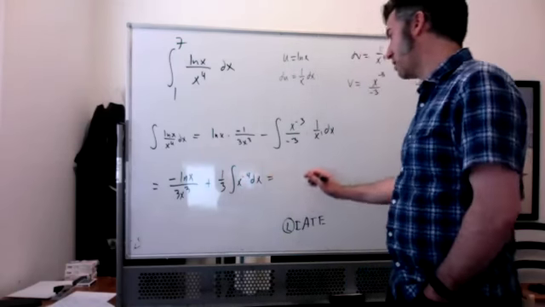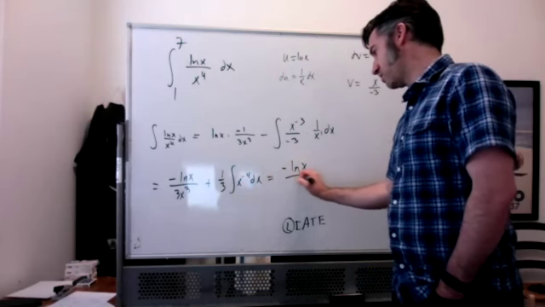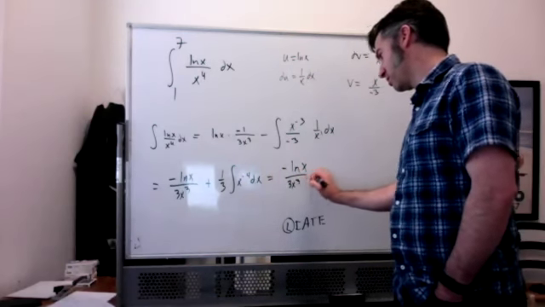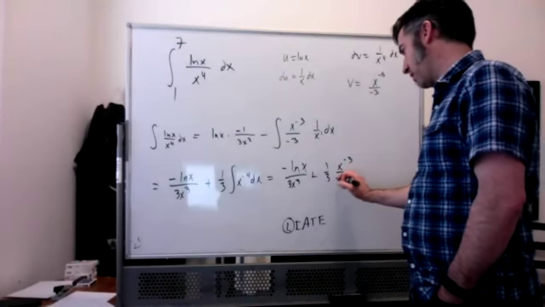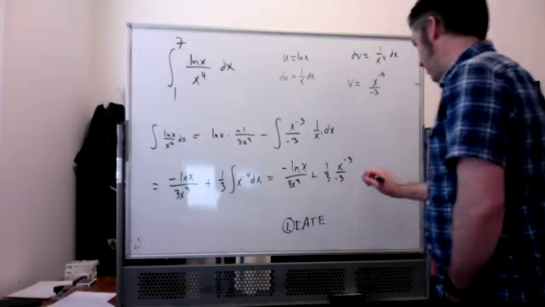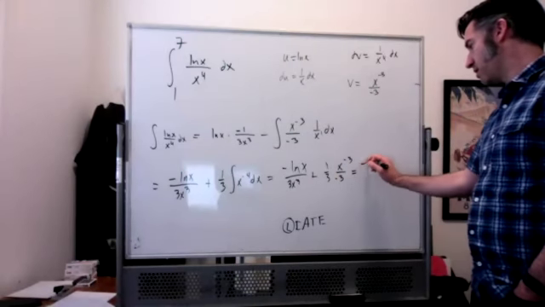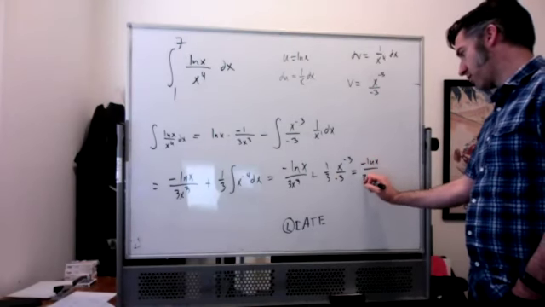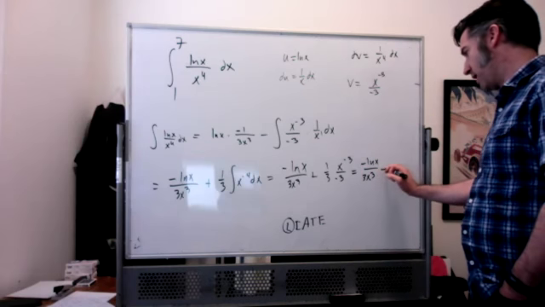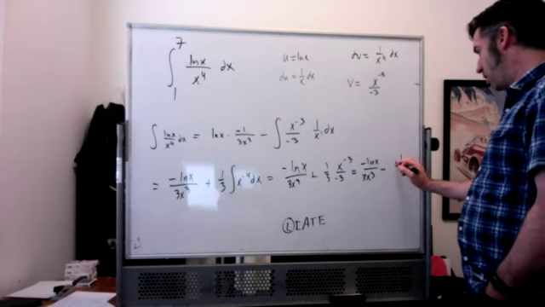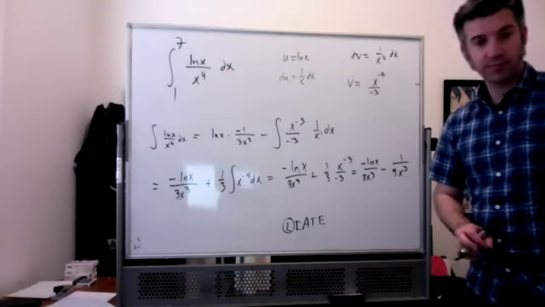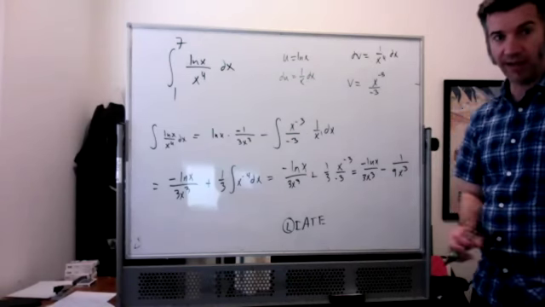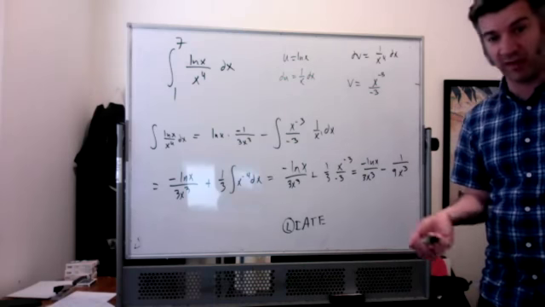So integrating, we still have the negative natural log of x over 3x cubed. We get 1/3 x to the negative third divided by -3, which I would probably write as the negative natural log of x over 3x cubed minus 1 over 9x to the third. I like my powers positive if I'm going to have to evaluate this thing.